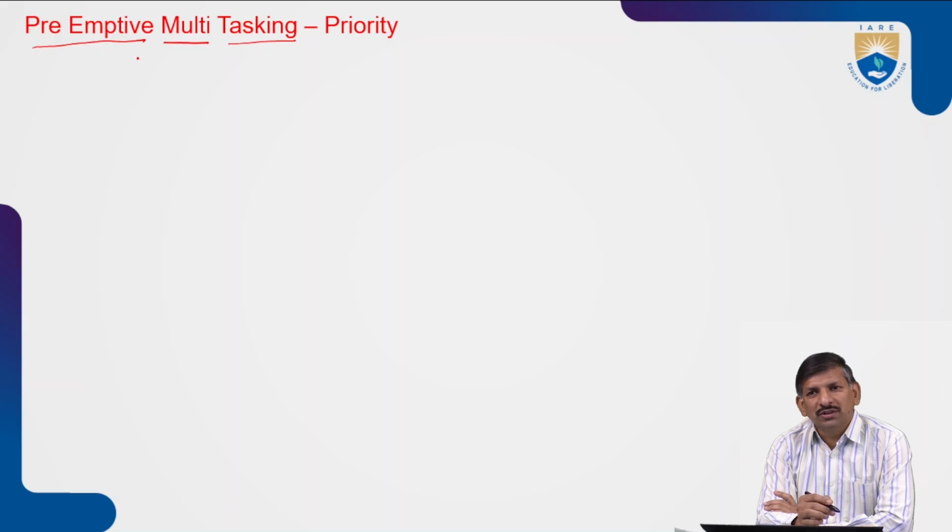Preemptive execution means if any new process enters into the ready state, the currently executing task is temporarily suspended and the priority of the currently executing task is compared with the newly entered task.